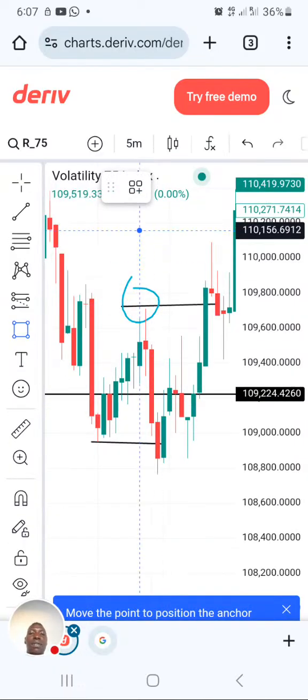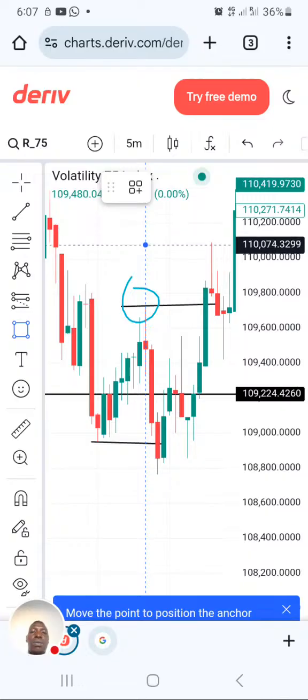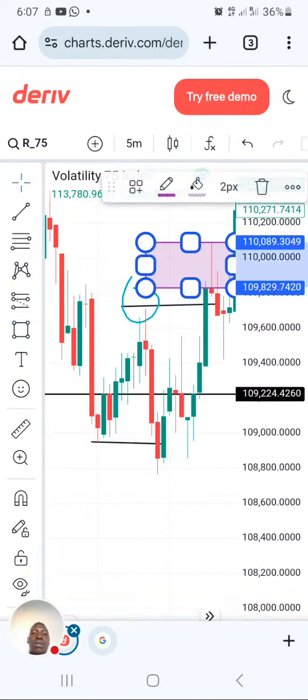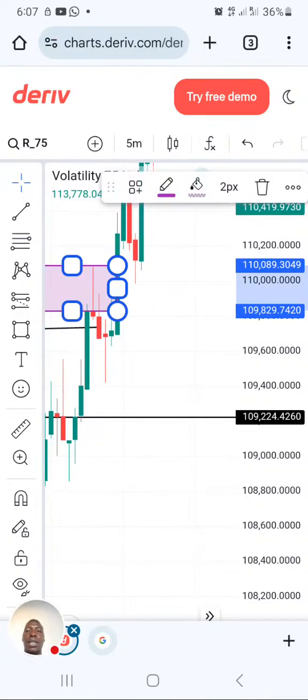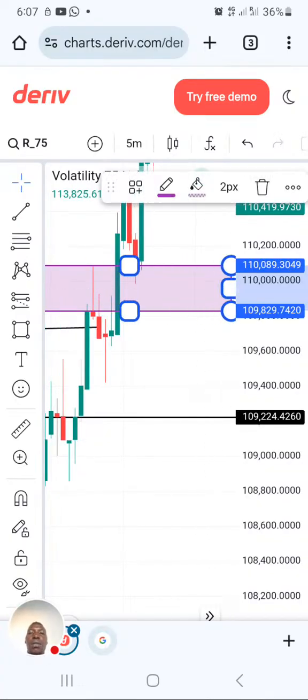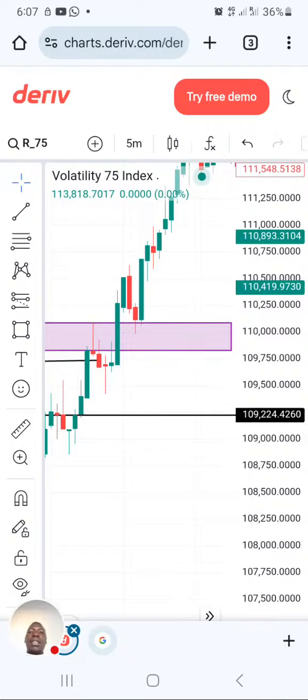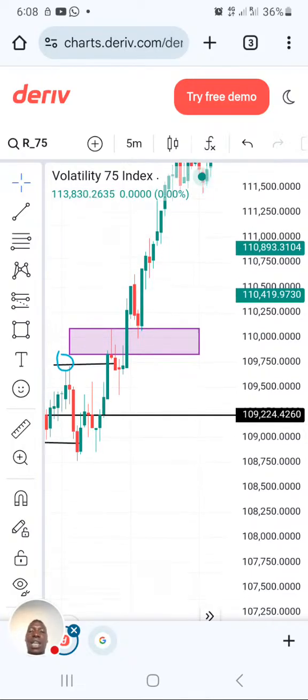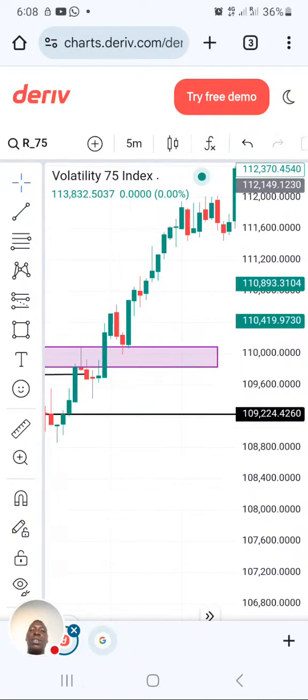You can see very well if we mark this area from there to here, and then take it to the future like this, the market came and retested it. After retesting it with M5, are you getting the point? You execute here.